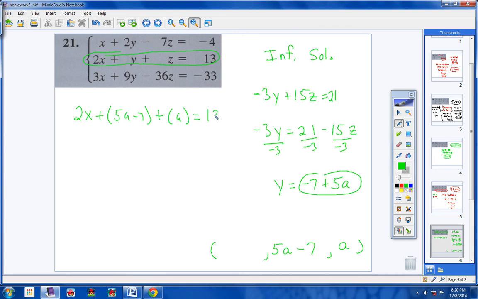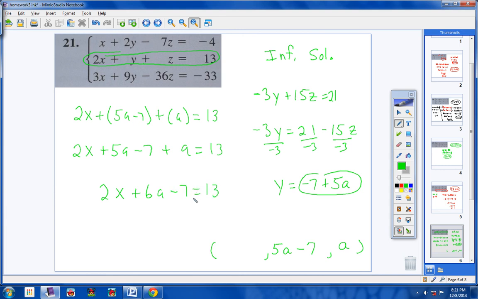Now that's a lot easier than the 9 and the 36. So now I have 2x plus 5a minus 7 plus a equals 13. So next I have 2x plus 6a minus 7 equals 13.